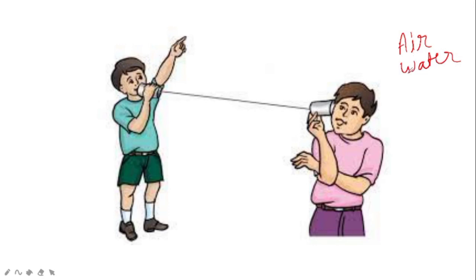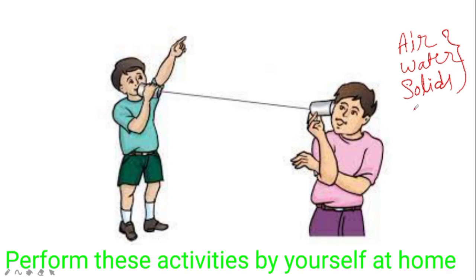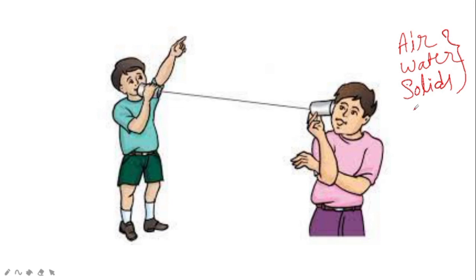In the third activity we learned that sound can travel through solids. So this is about how sound is produced and how it is propagated. Now, sound is propagated to your ears, but how do we hear sound through our ears?